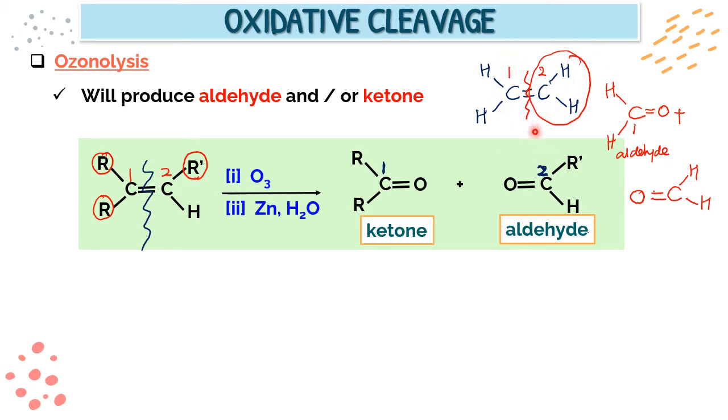For the ozonolysis of ethene, you will get the same aldehyde. The same goes if over here, instead of hydrogen, I put CH3, CH3, CH3, and then CH2, CH2, CH3.